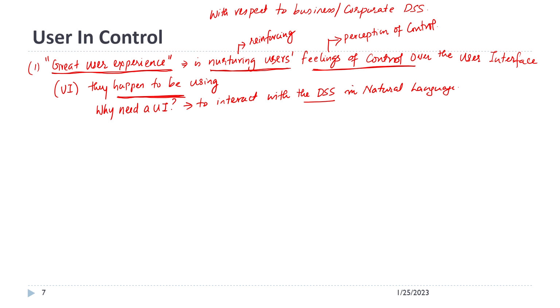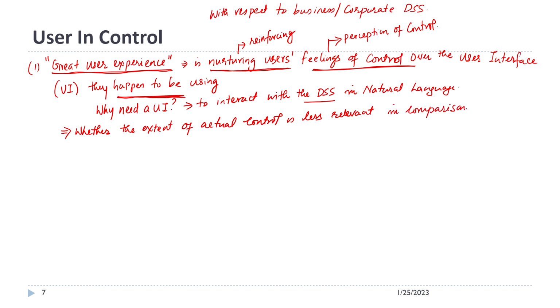One thing you should understand is that the extent of actual control is less relevant in comparison to the perception of control.